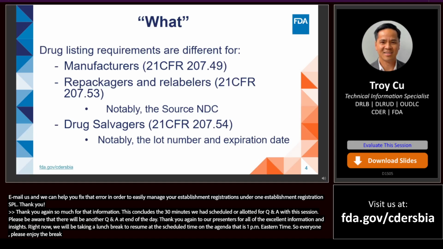Each such NDC must be associated with the corresponding NDC for the repacked or relabeled drugs, also known as a source NDC. Salvagers, a registrant who performs only salvaging with respect to the drug, must provide the lot number and the expiration date of the salvaged drug product under 21 CFR 207.54.